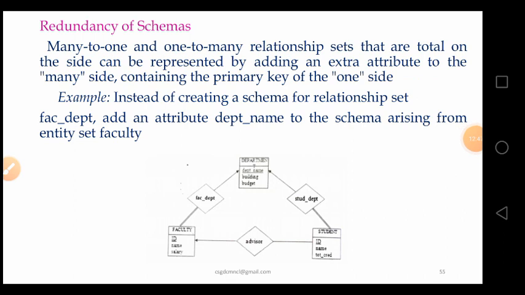Redundancy of schemas. Many to one and one to many relationship sets that are total on the many side can be represented by adding an extra attribute to the many side containing the primary key of the one side.